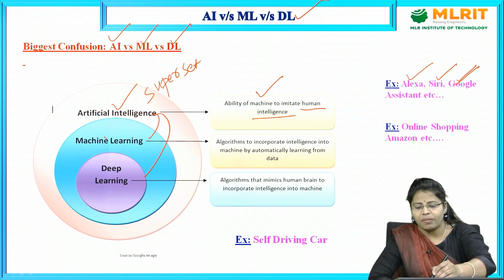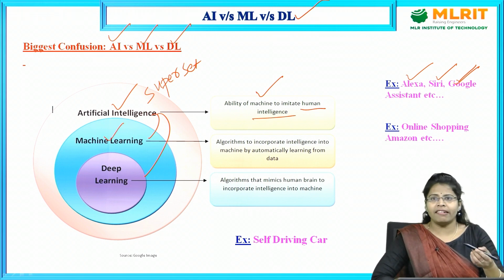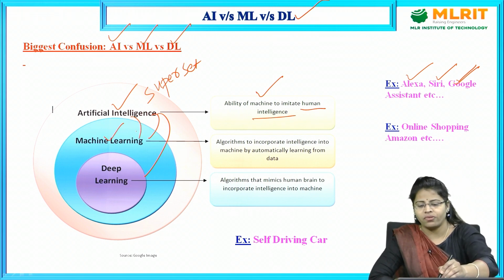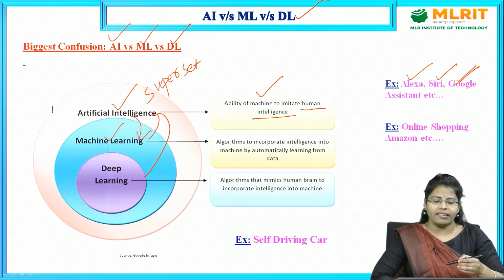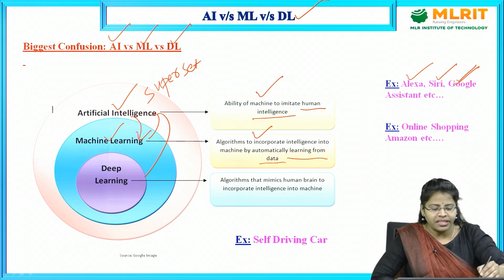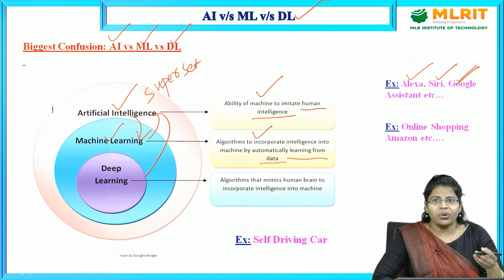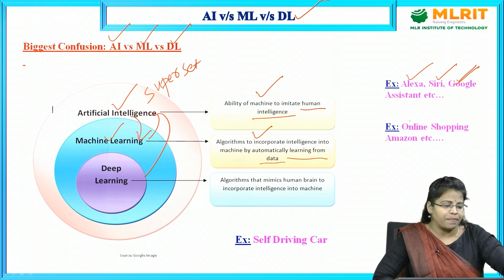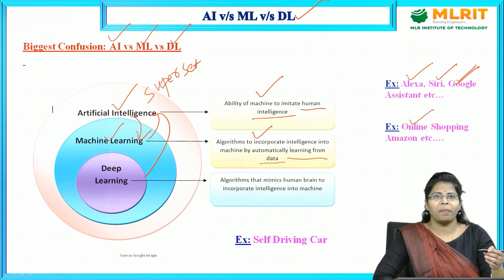Next, coming to machine learning. Machine learning is a subset of artificial intelligence. It means algorithms that incorporate intelligence into machines by automatically learning from data. That means the machine automatically learns from previous data. For example, I just discussed online shopping, Amazon.